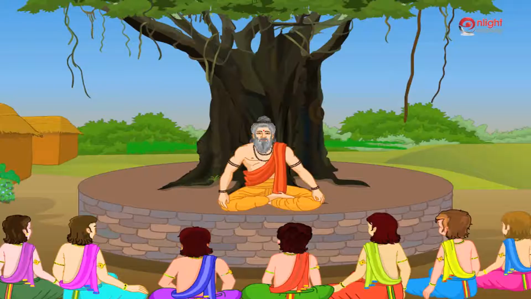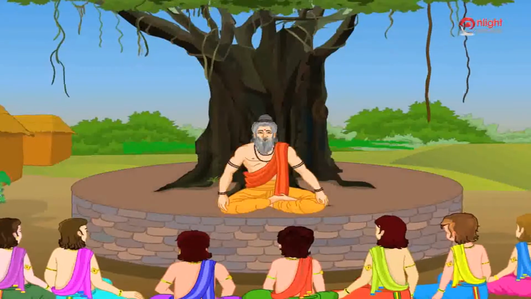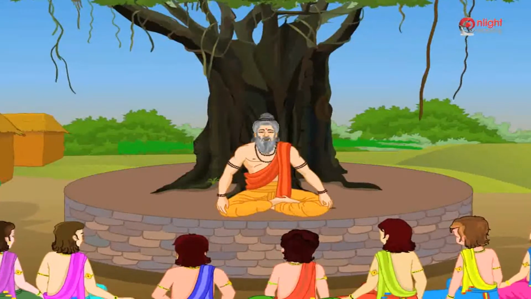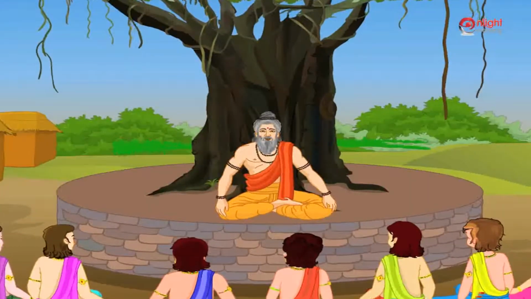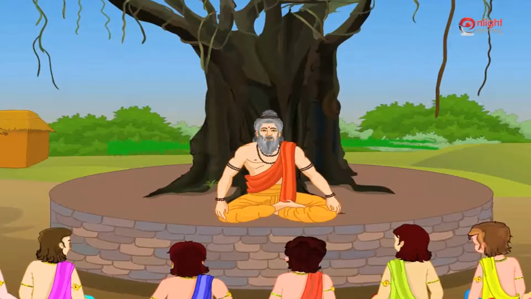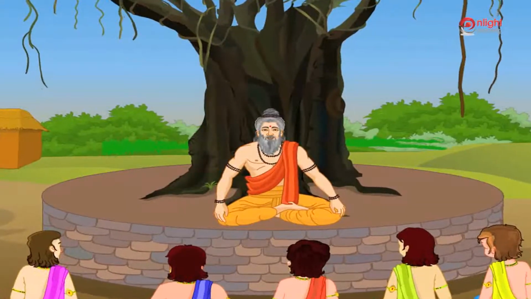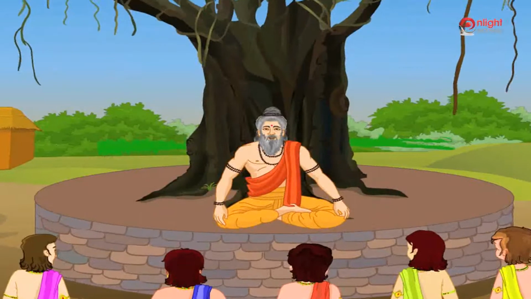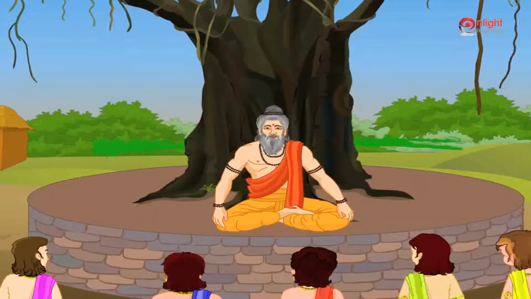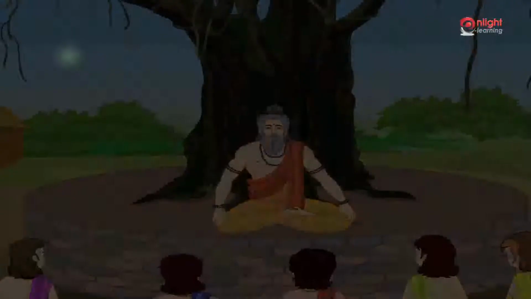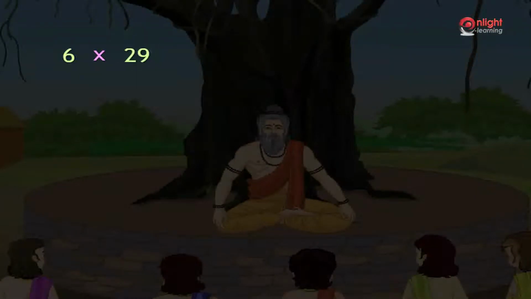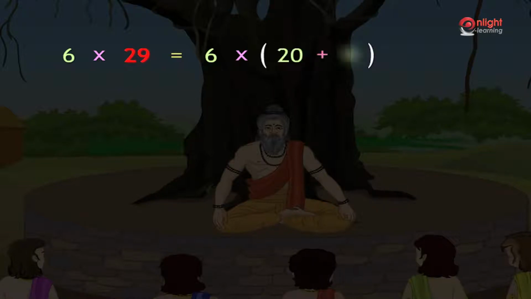In the previous class, you learned to do the multiplication of larger numbers by breaking up numbers. Sometimes even doing multiplication by breaking up numbers also can be complicated. Look at this example. 6 multiplied by 29 can be done by breaking up the number 29 as 20 plus 9.